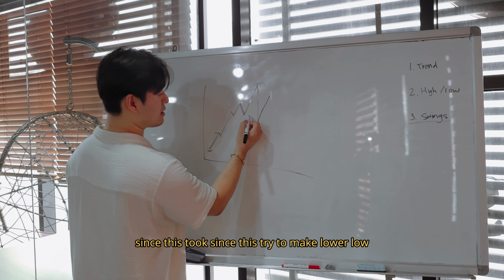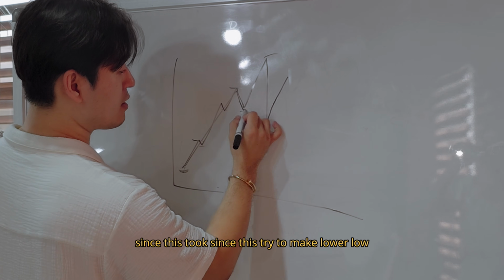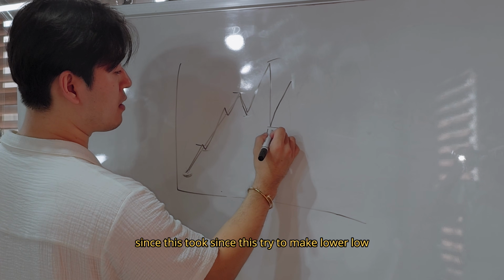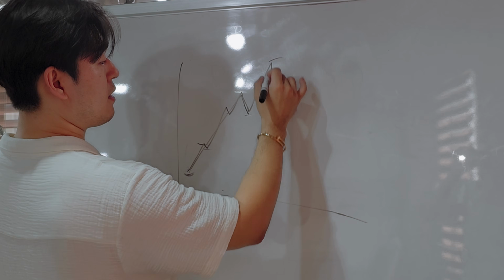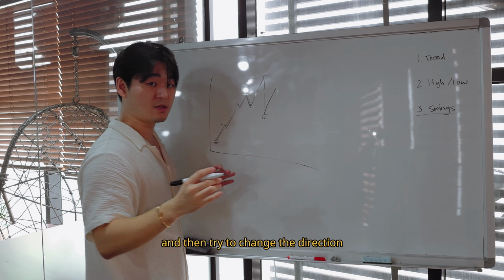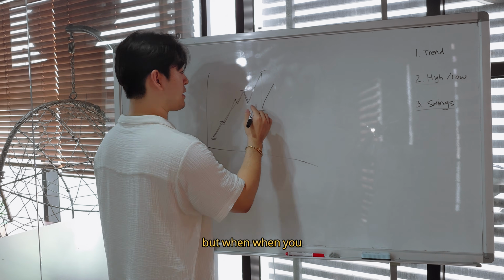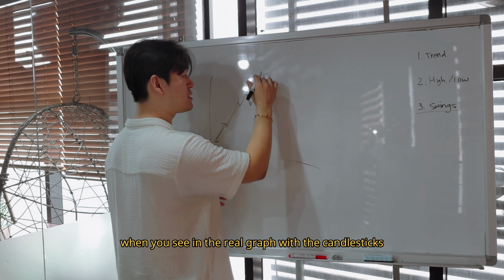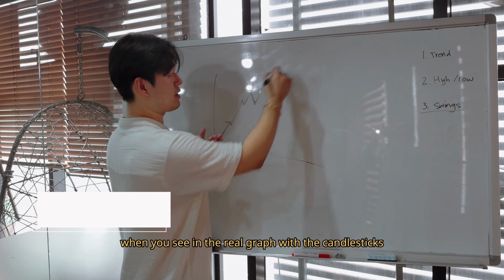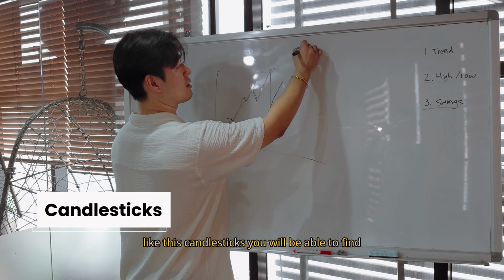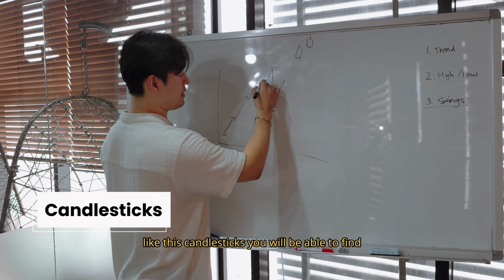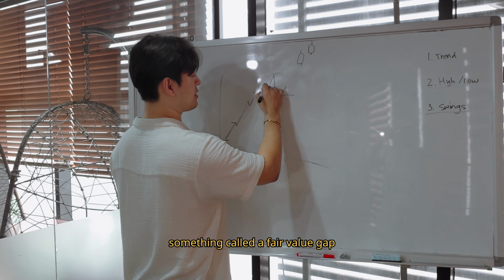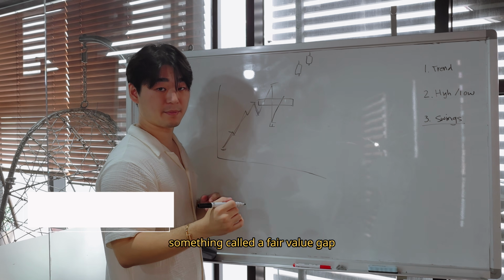This tries to make lower low, and then tries to change the direction. But when you see the real graph with the candlesticks like this, you will be able to find something called a fair value gap.